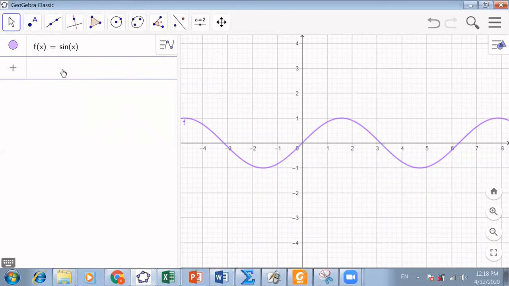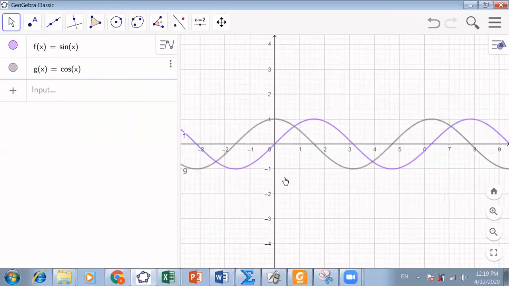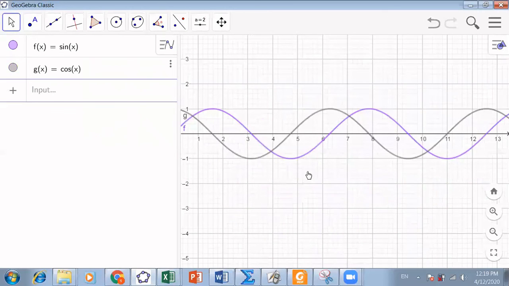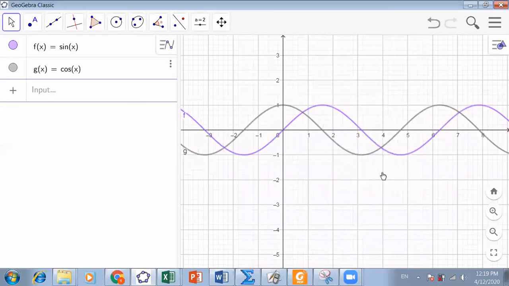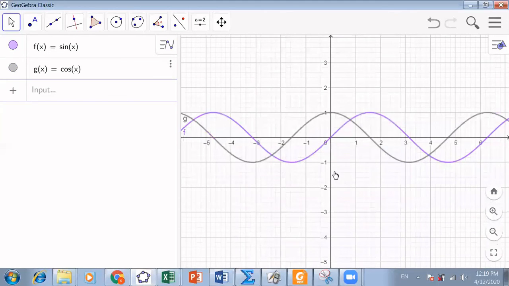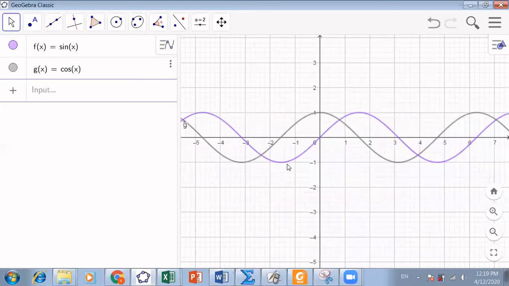Also, I'm gonna write the cosine function here, and cosine function is this one. So as you see, they are going in this way, sine and cosine functions. Okay, well, that's good. Now we can compare this. Here we have some intersection of the functions here and here.